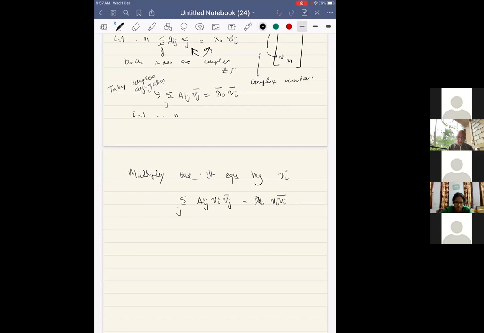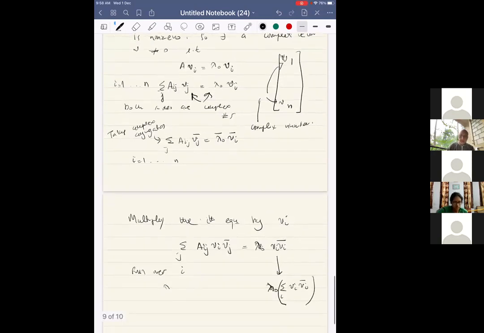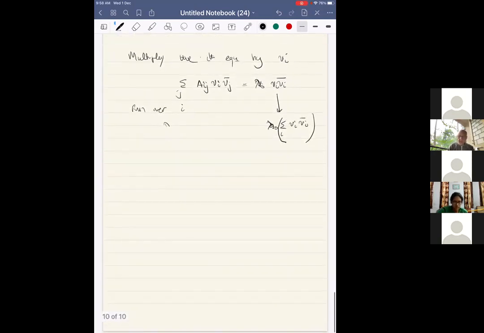Now sum over i. The right side becomes lambda 0 bar times the sum over i of v_i v_i bar. Since v is a non-zero vector, this sum is non-zero.